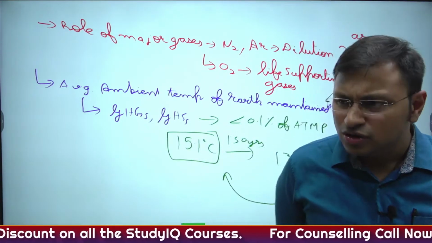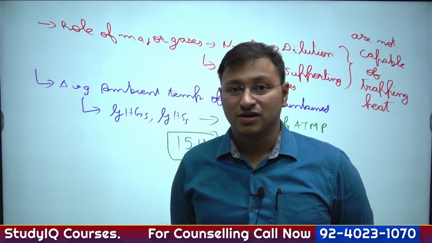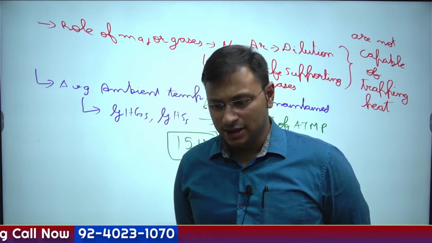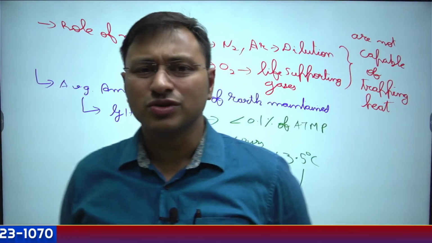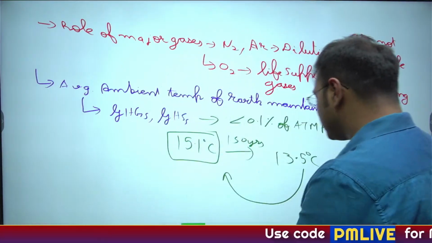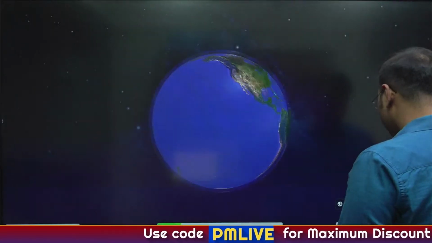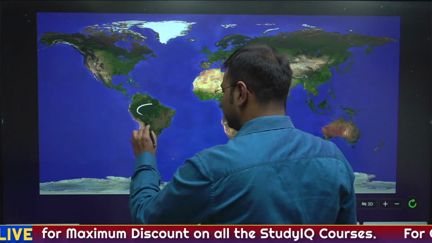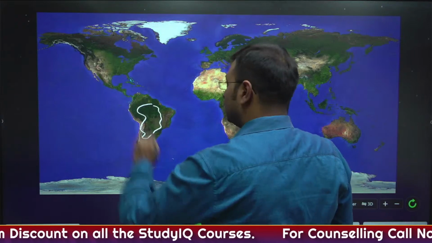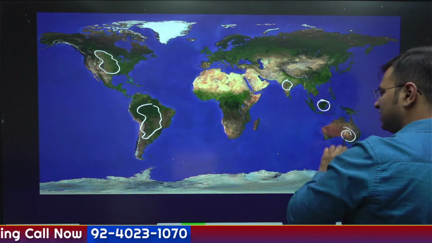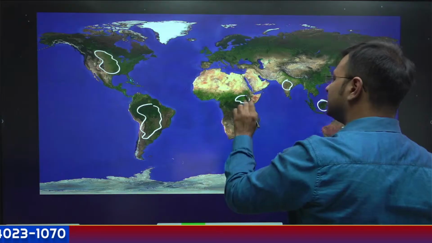So when I'm talking about these gases, the CO2, then oxygen, ozone, are these gases really themselves so capable to capture the heat? The answer is no. Now the global average ambient temperature is increasing not only because of carbon dioxide, but if I mark up these areas, this particular area, this area, and supposedly this area too.